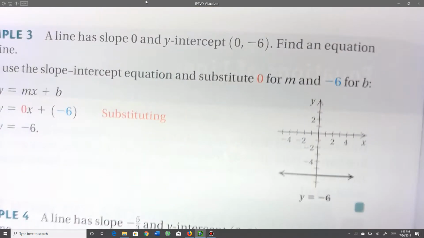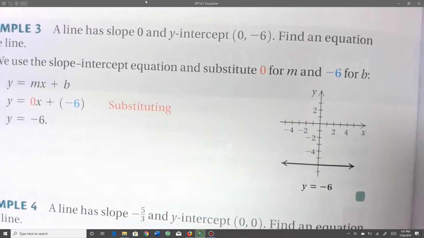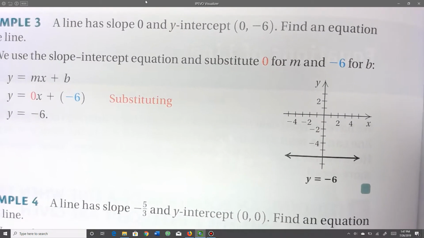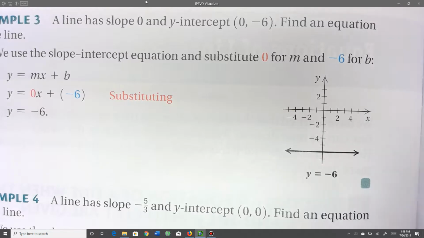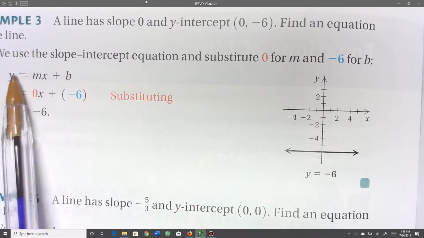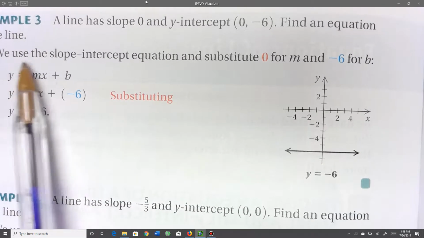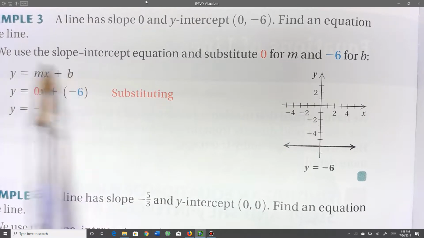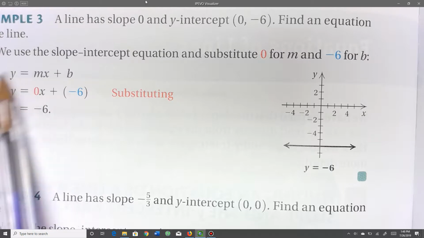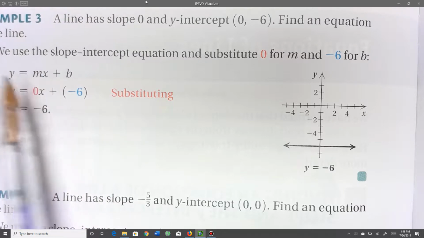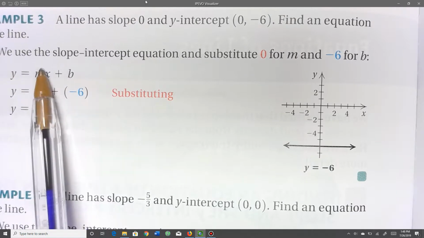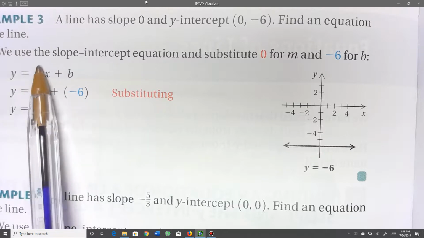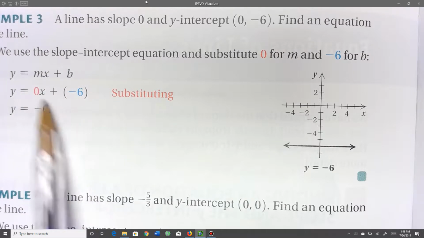A line has a slope 0 and y-intercept 0.96. Find an equation of the line. Again, it would be nice if you wrote down the slope intercept equation at the top of your problem. In that way, you just substitute underneath, like they did here.